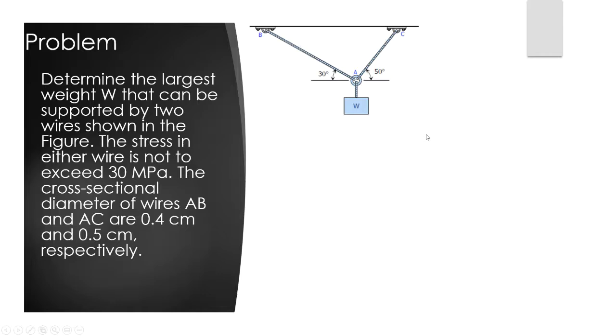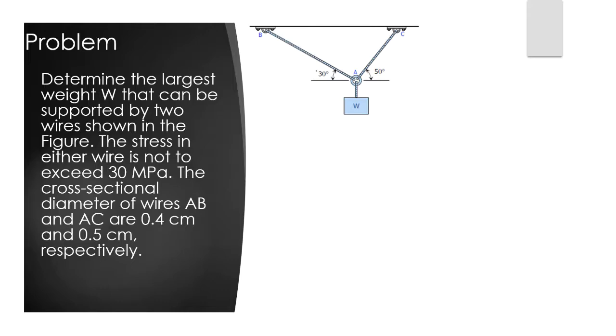Okay, so another example we have here: determine the largest weight, W, that can be supported by two wires shown in the figure. The stress in either wire is not to exceed 30 megapascal. The cross-sectional diameters of wires AB and AC are 0.4 centimeter and 0.5 centimeter respectively.